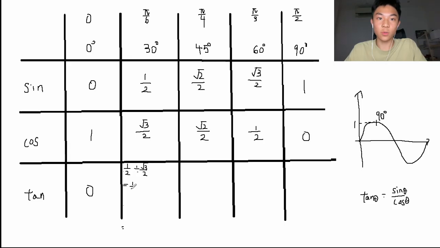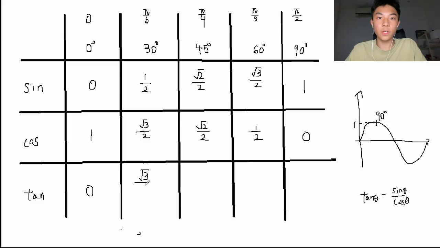That's the same thing as 1 over 2 times 2 over root 3, because you flip the fraction, right? So we cancel out our 2. We get 1 over root 3. And we also want to rationalize it. So root 3, and then we'll get root 3 over 3. So that's our answer.